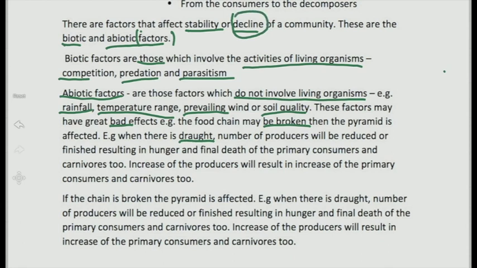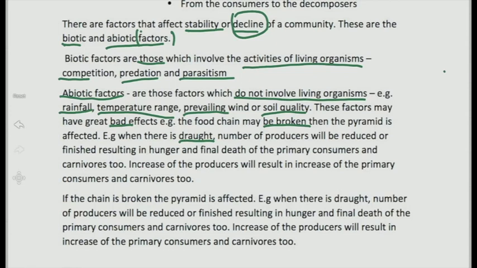And also if there is too much rain, then there will be more plants growing. There is more food for the primary consumers. And that means automatically there is more food for the carnivores to feed on. Okay? As I have said, if there is drought, the number of producers will be reduced or finished, resulting in hunger and then final death of the primary consumers, automatically affecting also the death of the carnivores since they have nothing to feed on.